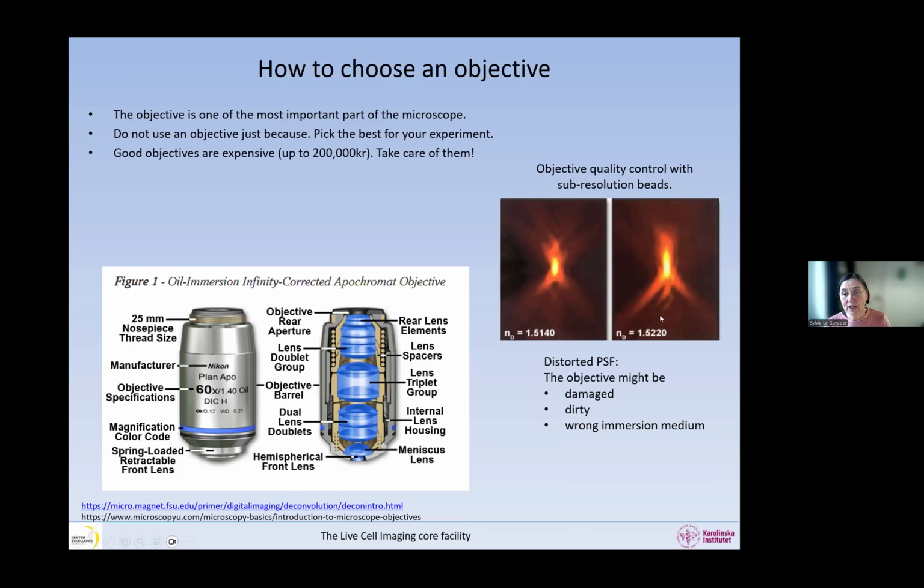And when we see something like this, where the point spread function looks a bit like a banana, or it's very asymmetric, it's always a little bit asymmetric, but very asymmetric and much longer than it should be, or much wider, then we think that the objective might be damaged, it might be dirty, or there might be the wrong immersion medium on it, which is the case right now. So the point spread function is a great way to quality control the objective. I think many core facilities do that.